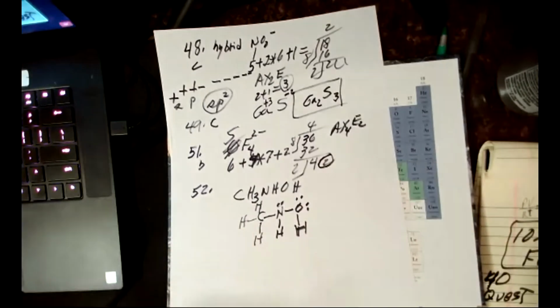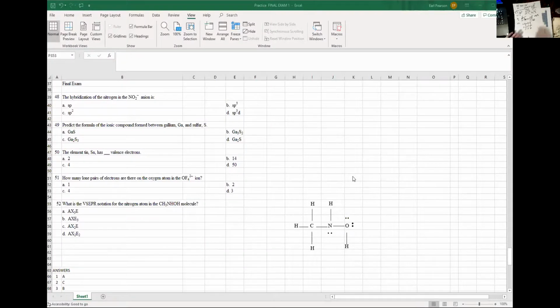And let's see, what did it ask for me to do? I didn't write that down. Oh, it wants the VSEPR notation of the nitrogen atom. Okay, now let's go back. This will be easy.